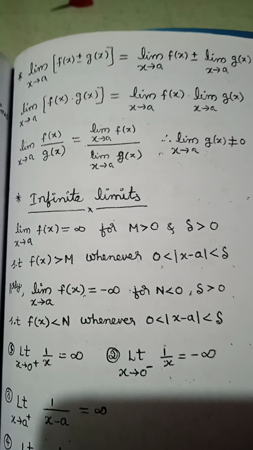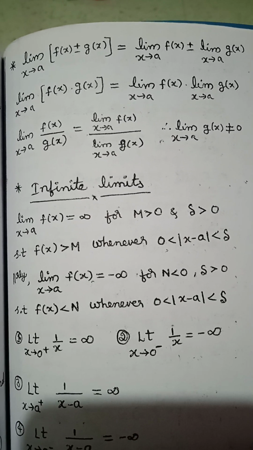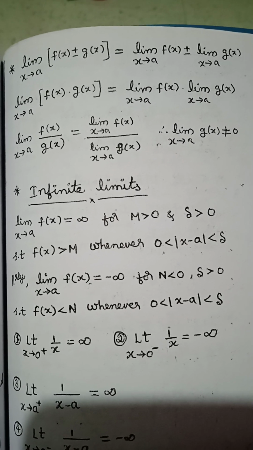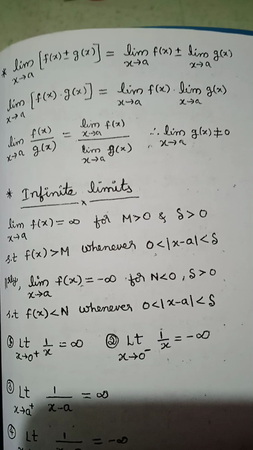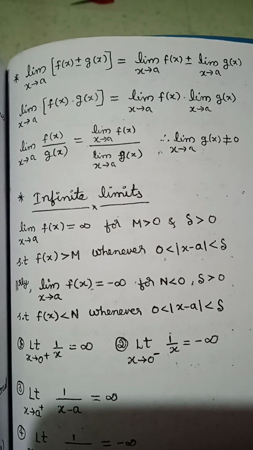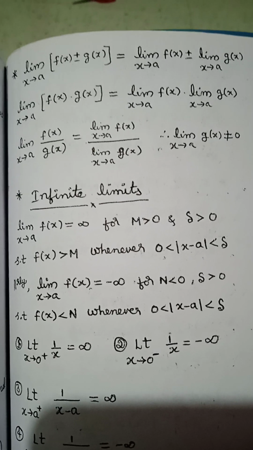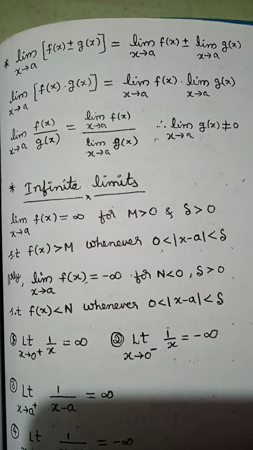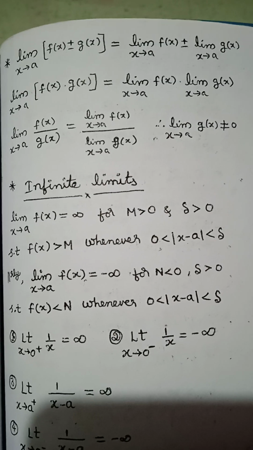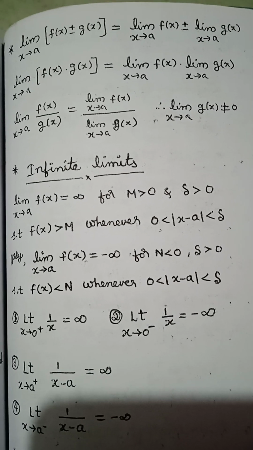Limit x tends to a f of x into g of x equals limit x tends to a f of x into limit x tends to a g of x. Limit x tends to a f of x by g of x equals limit x tends to a f of x by limit x tends to a g of x, where the denominator is not equal to 0.